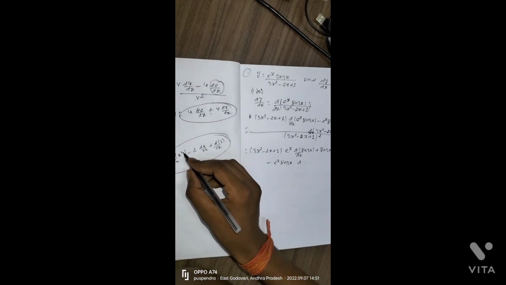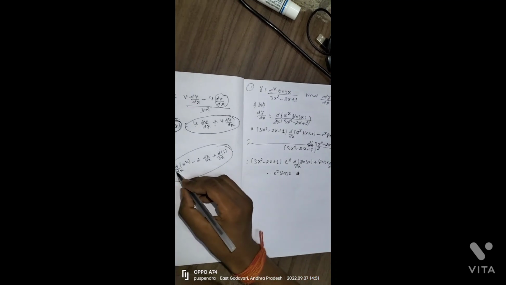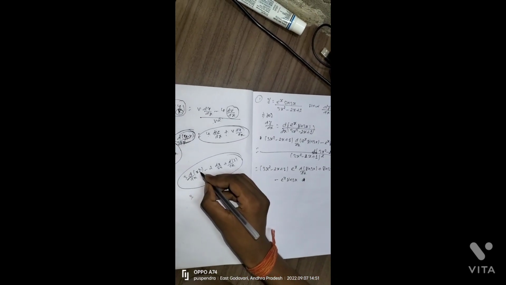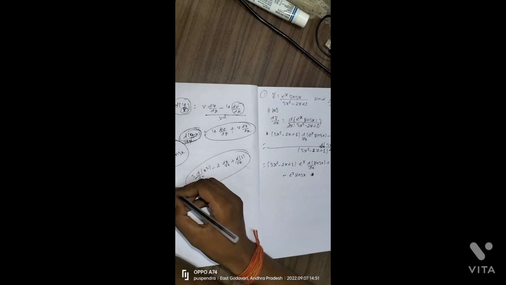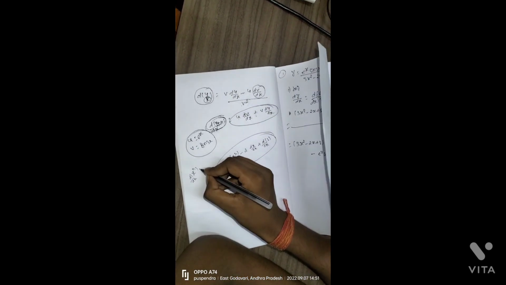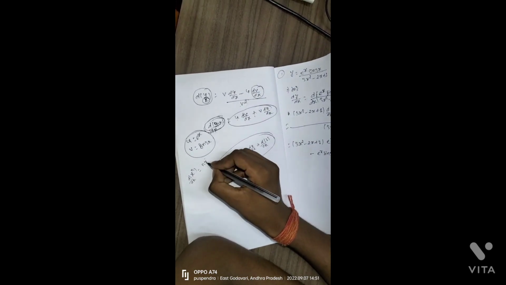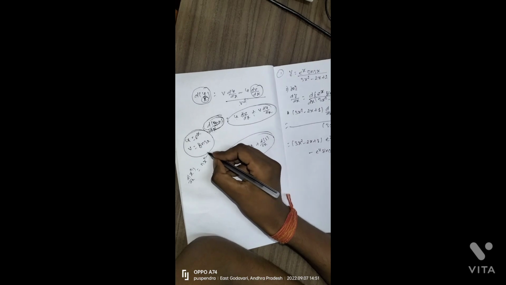Okay, let's see here only, we will write here direct. Okay, 3 x square means, you know what the formula is? d x power n by dx is n x power n minus 1.